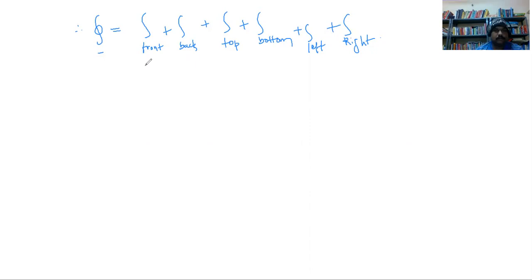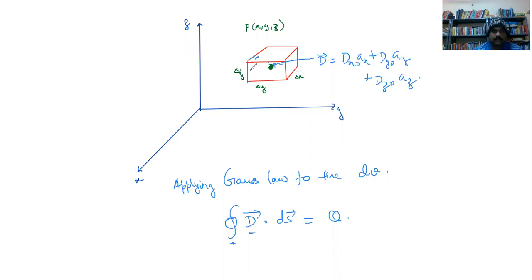Understood? So we'll evaluate this integral first. The front integral is what? This is D front dot delta S front. What do you mean by this? D front means the flux going out of the front surface, dot the surface vector which represents this front surface.